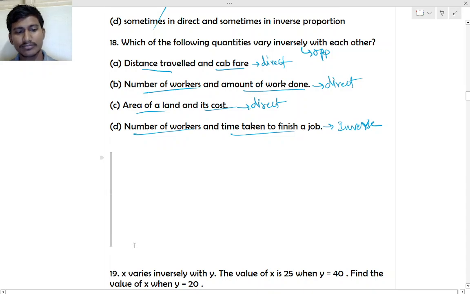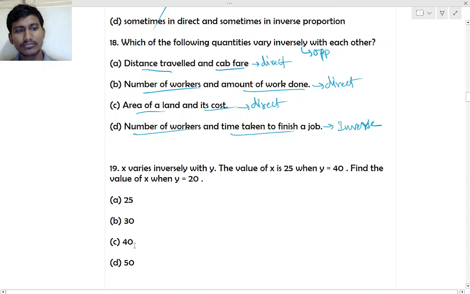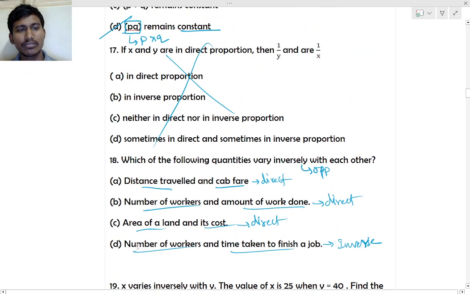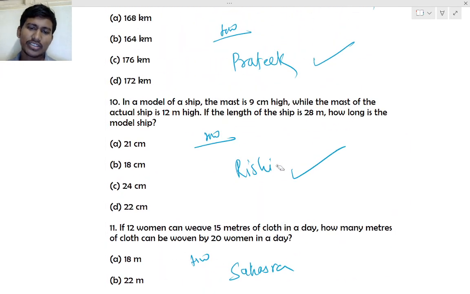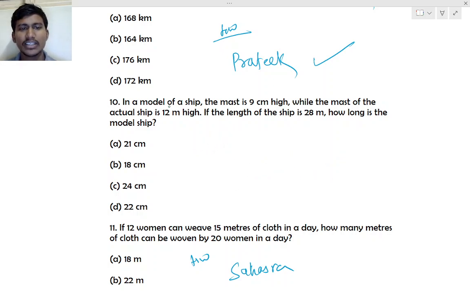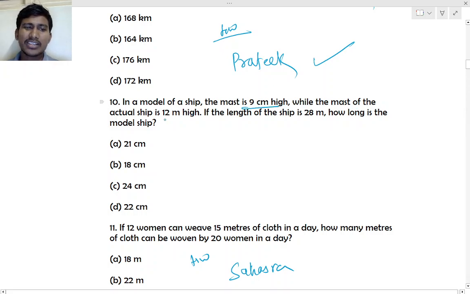Any doubt? 10th one, sir. 10th one is very easy. I will tell how to do it. A model ship 9 centimeter high, while the mast of the actual ship is 12 meter high.